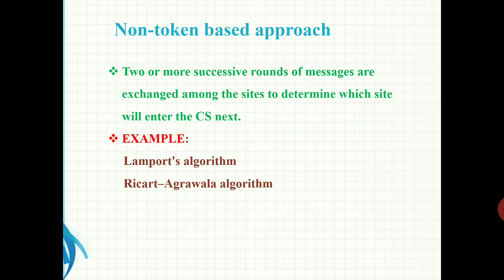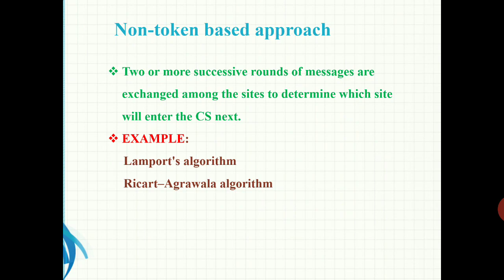This requires an exchange of two or more successive rounds of messages among the sites. In the case of token-based, if the token is available, the node can enter the critical section. But in the case of the non-token based approach, several messages are needed to confirm that all other nodes are not in the critical section.